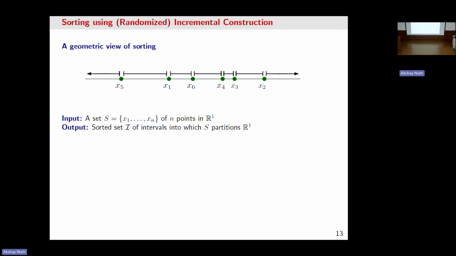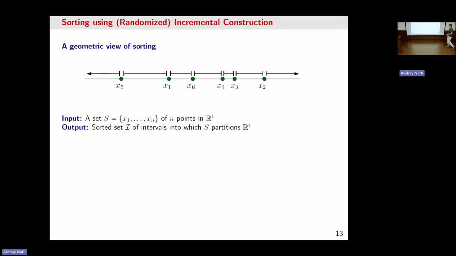Okay, so let's do another simple example, sorting. Here's a geometric way of looking at sorting. I have here 6 numbers. Numbers are points in one-dimensional space, and sorting them essentially means that for every number you want to know what is the next larger one.